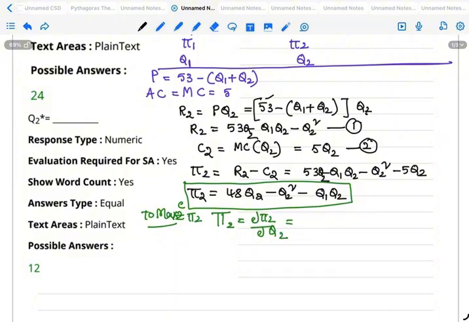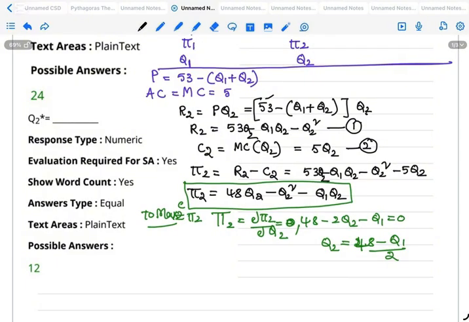That is 48 minus 2 Q2 minus Q1 equals 0.